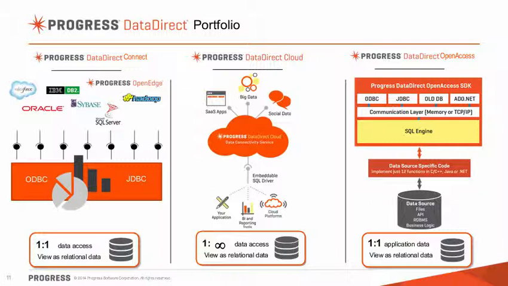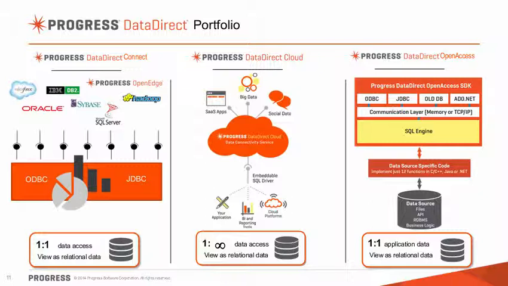Using our core technology, our core reusable libraries, we have a way of building drivers where you implement simple 12 functions in the language of your choice. We support C, C++, Java, .NET. You build that one connector, you tell us how your existing proprietary data format works, and from that we can generate ODBC, JDBC, ADO.NET drivers directly from your single implementation of your proprietary data source.